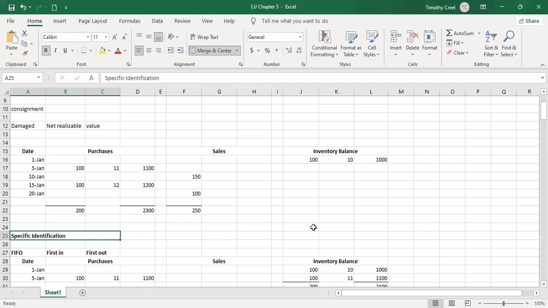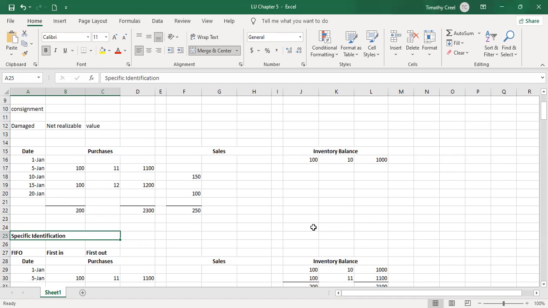Jewelry stores tend to use this method too, because a jewelry store should know, like if it's a very expensive watch or the grade of a diamond or the cut of a diamond or gold, whatever they've got, they should be able to specifically identify what they're selling. So specific identification just means that you specifically identify the unit that's sold, you specifically identify what's still there.